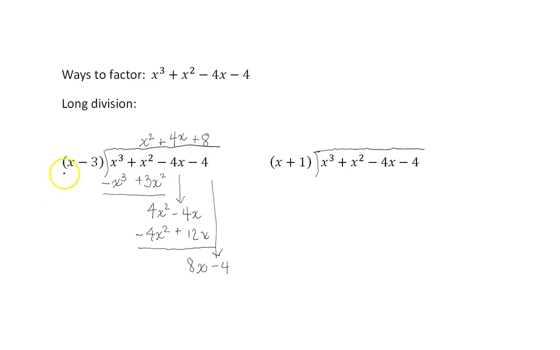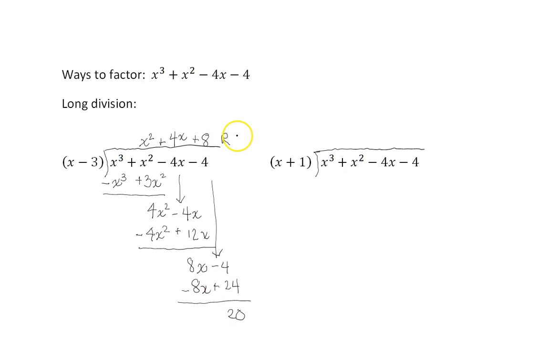So positive 8 times x is going to give me 8x. 8 times negative 3 is going to give me negative 24. And a reminder, I'm going to change my sign here because I'm subtracting. So that double negative becomes a positive. And that leaves me with 20 as a remainder.